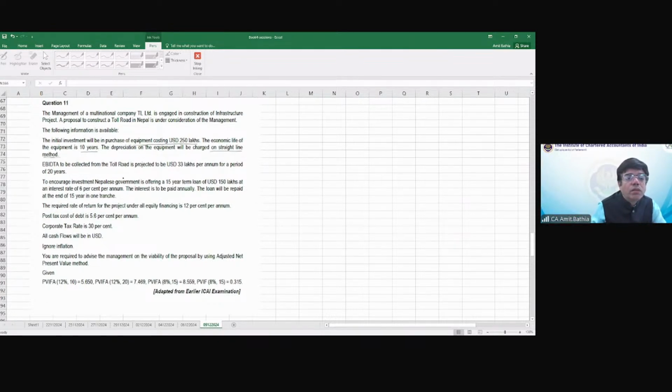Right? Now, when I talk about depreciation, what is my formula or method? Original cost minus salvage upon life in years. So my cost is 250 lakhs minus, do I have any salvage value over here? Upon 10 years.